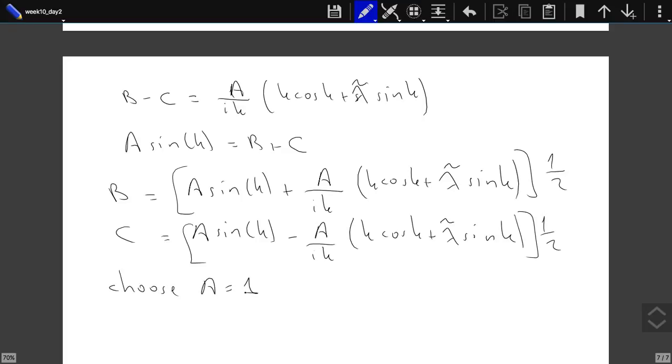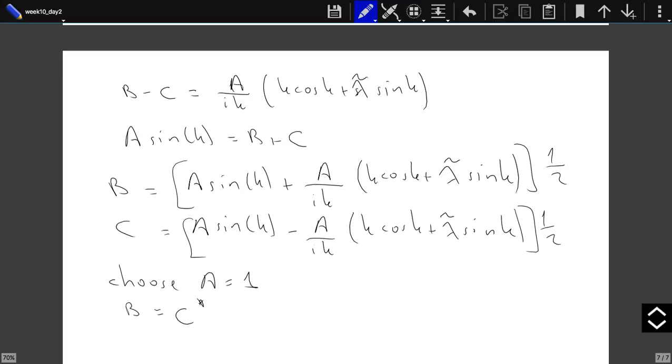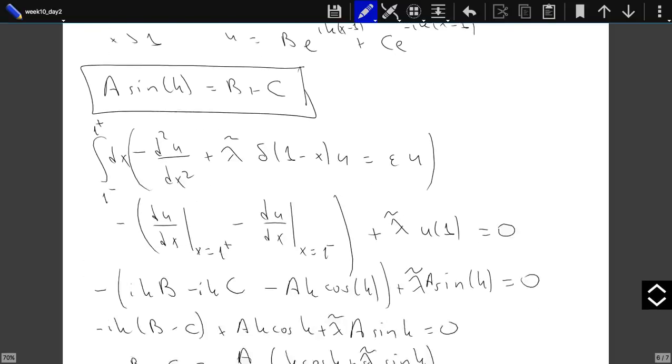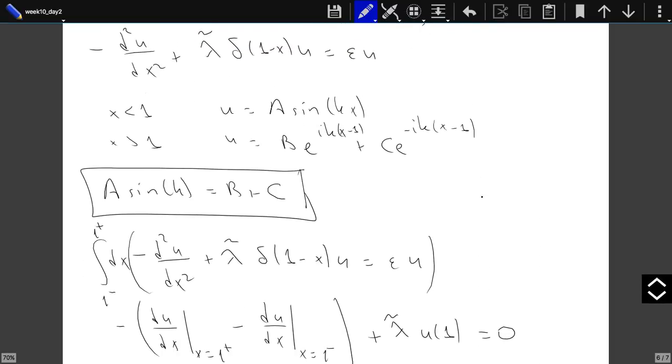And as in the previous case, b is equal to c star. It has to be, because if you look at the general solution we have, we are just sending in a wave, and then it interacts with the potential and then comes out.